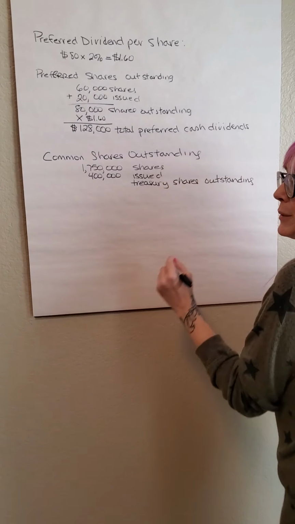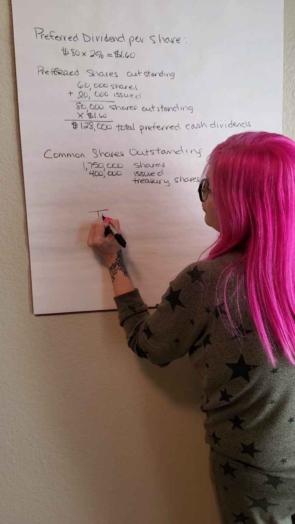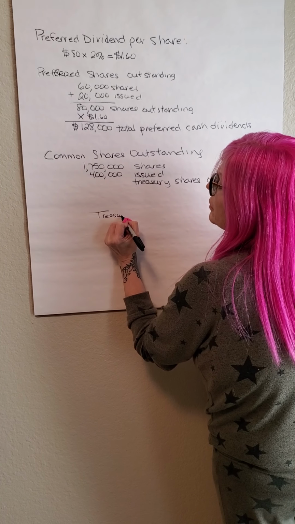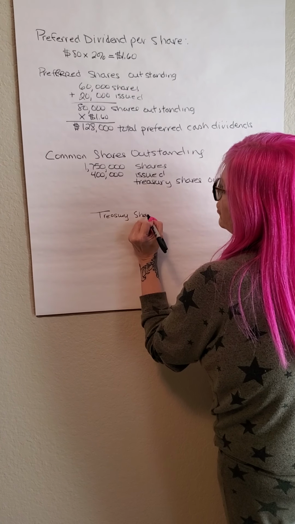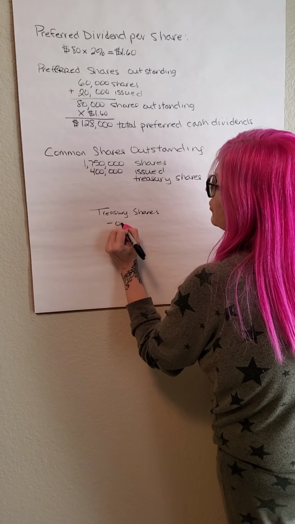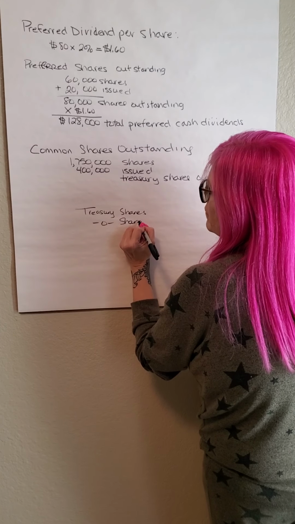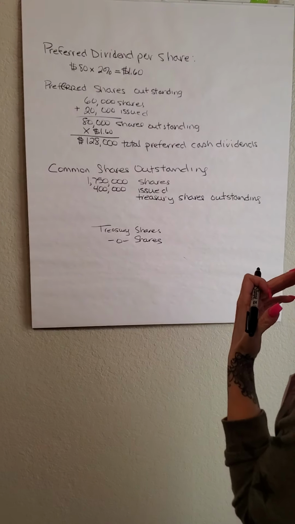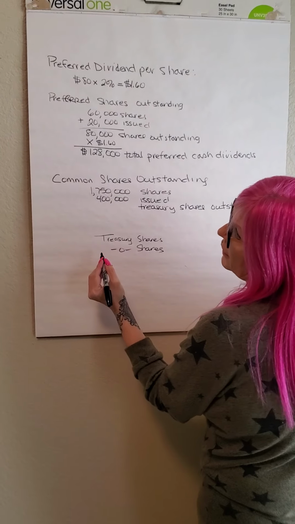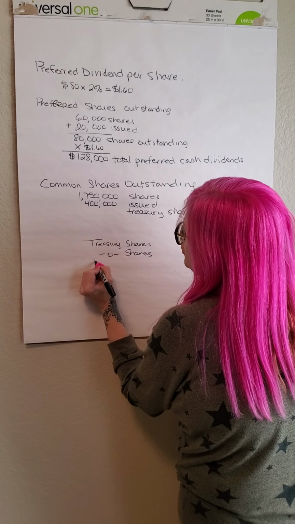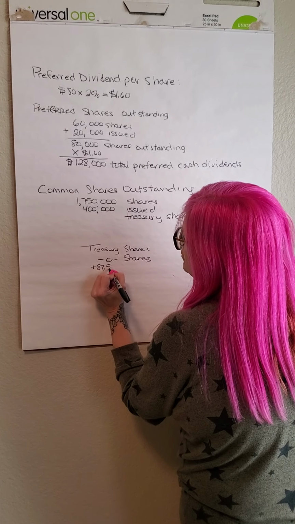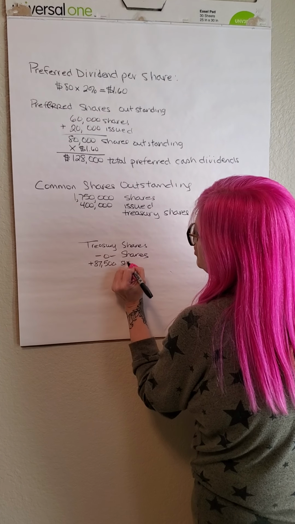So remember, at the beginning of the period, we're looking at our treasury shares. We started out with 0 shares. Then in the first transaction, we purchased 87,500 shares. Then we had 87,500 shares purchased.